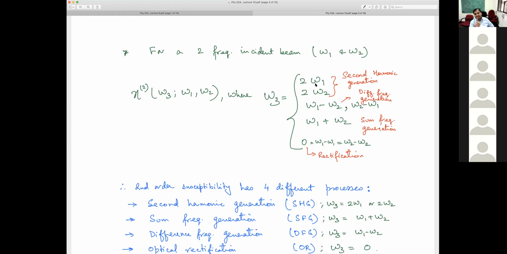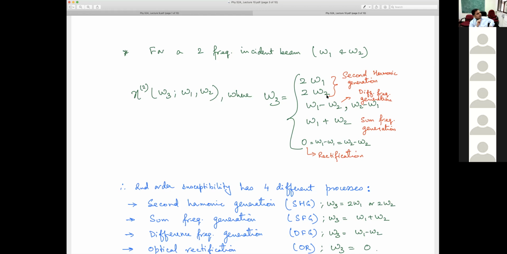In a sense that I have two electric light beams, so the E_j and E_k both can have frequencies omega 1. In that case, I'll have 2 omega 1 as omega 3. Then I can have 2 omega 2. So what I'm saying is I have shone light of two frequencies, omega 1 and omega 2.